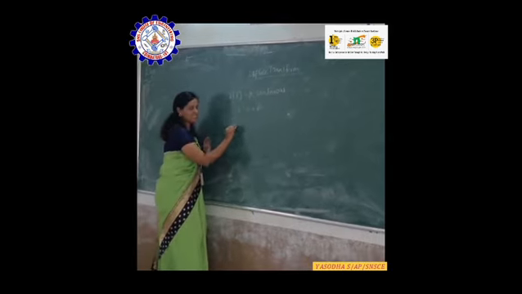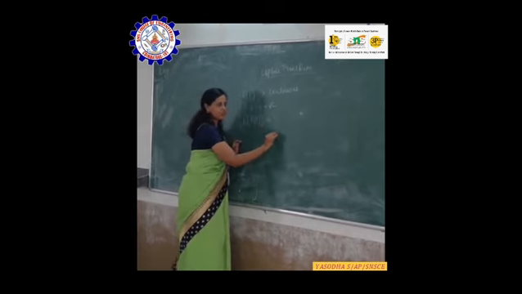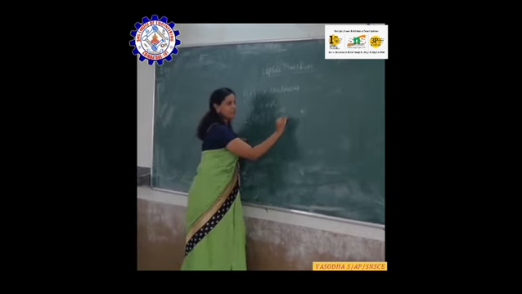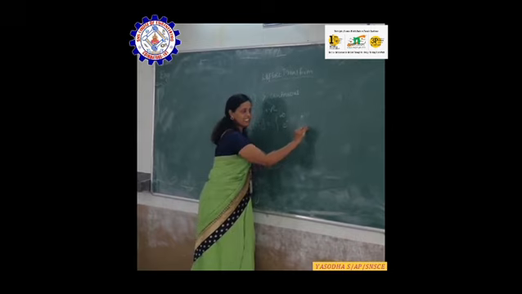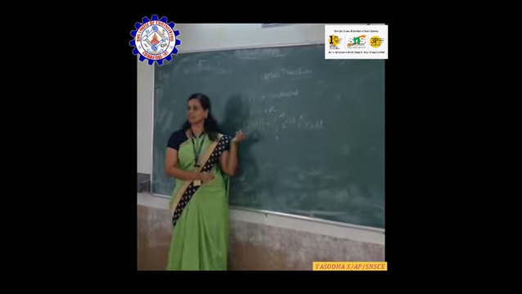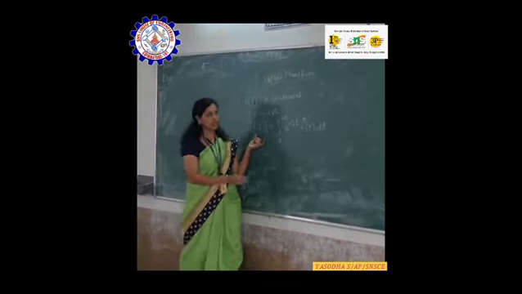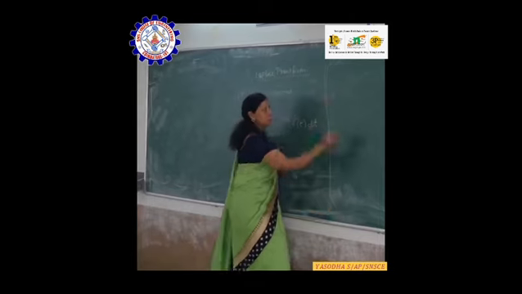Then the Laplace transform of this function is defined as the integral from 0 to infinity of e^(-st) f(t) dt. By using this formula, we can calculate the Laplace transform of any function, right? So now we are going to show two properties.